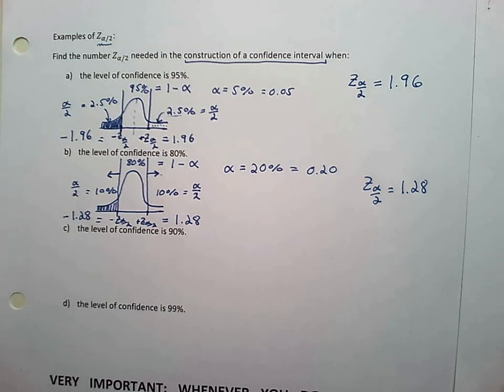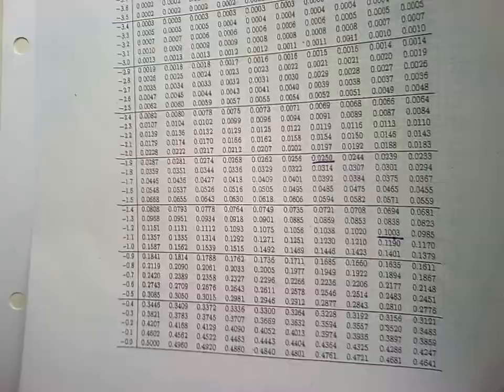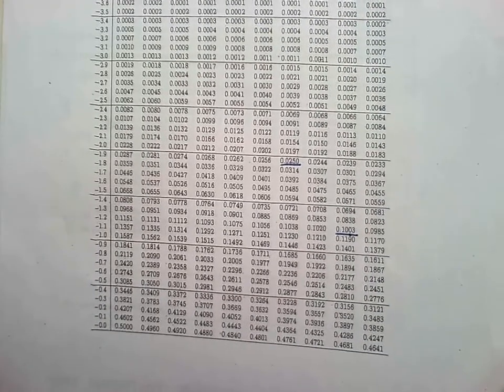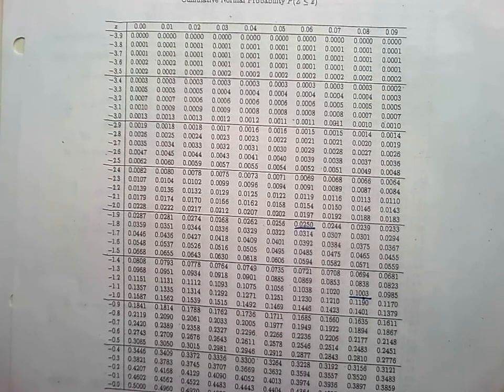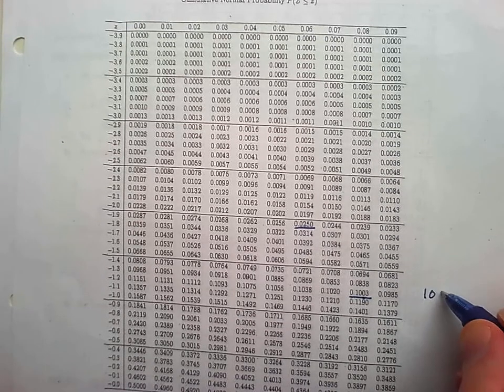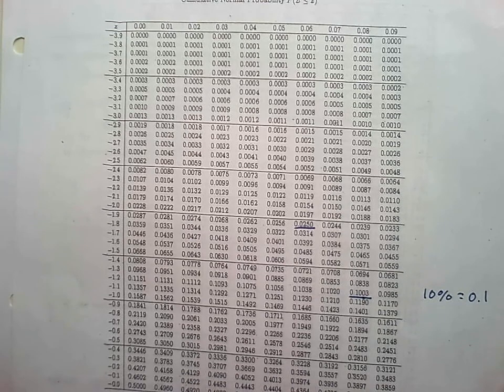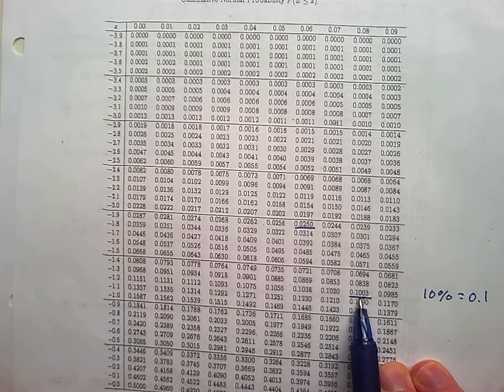So let me point something out here, and this is going to be really important for the next section, section 7.2. Just to highlight a little bit of what we're going to do, this is a perfect example. What we were looking for is 10% or 0.1. The value that we ended up looking up in our table was 0.1003.